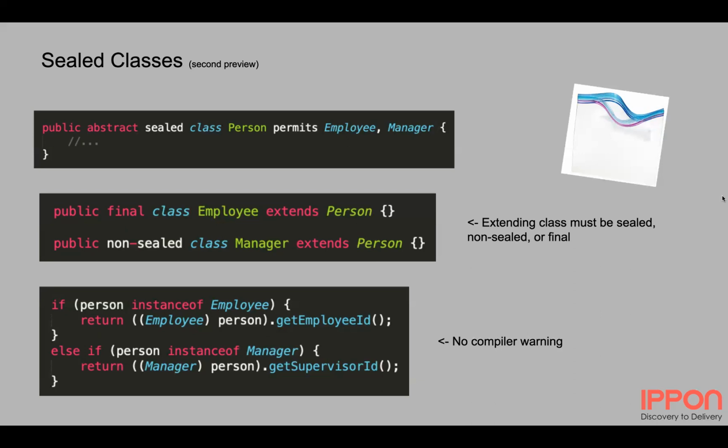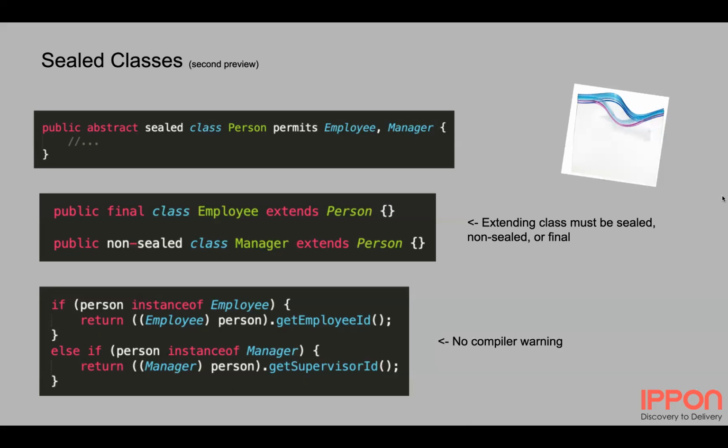Another thing is this wouldn't have given you a compiler error, but the bottom example, you can see we have these two instanceof conditions. It would have thrown, before Java 15 and 16, a compiler warning saying that you haven't exhausted all possibilities here of the extended objects from Person.